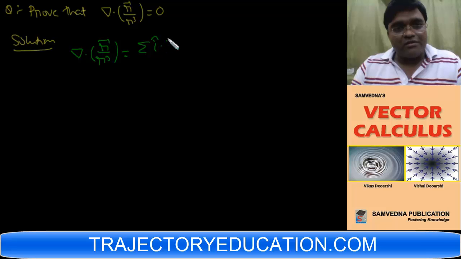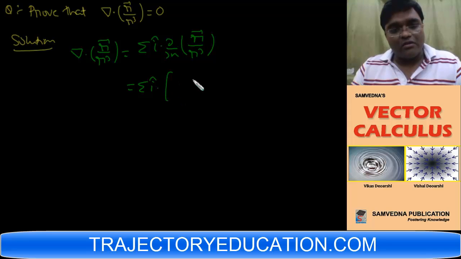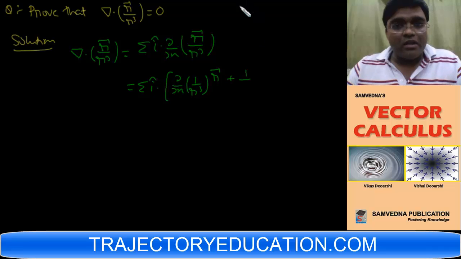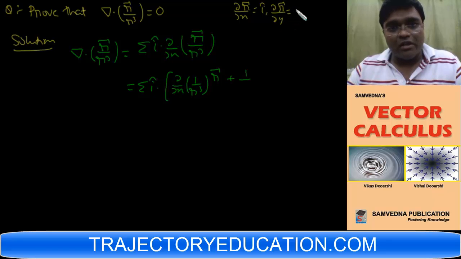Divergence by definition is i dot dou by dou x of r upon r cube. Now I can write this as i dot, applying the chain rule, 1 upon r cube times r vector plus. One more thing I'll tell you: you must remember dou r by dou x is x upon r, and similarly dou r by dou y is y upon r, and dou r by dou z is z upon r.